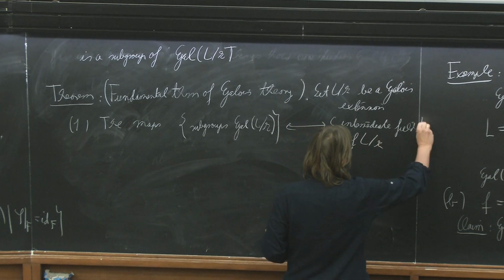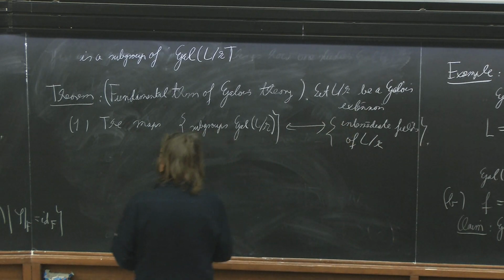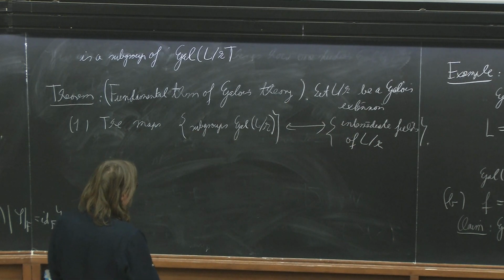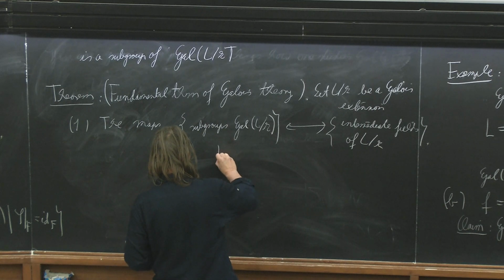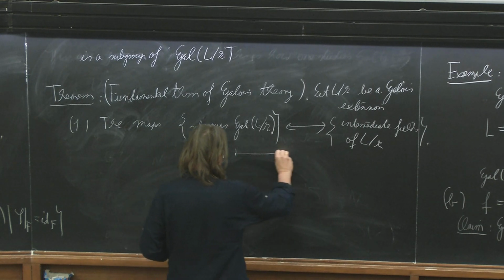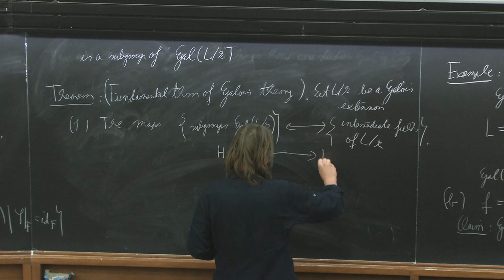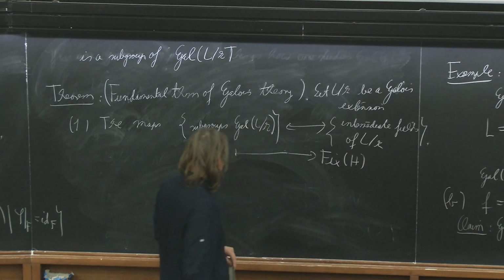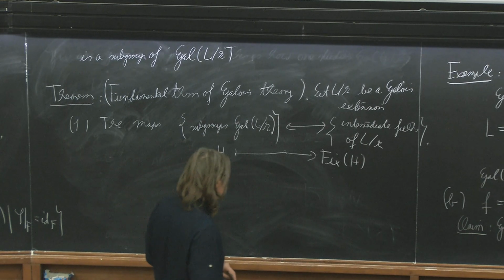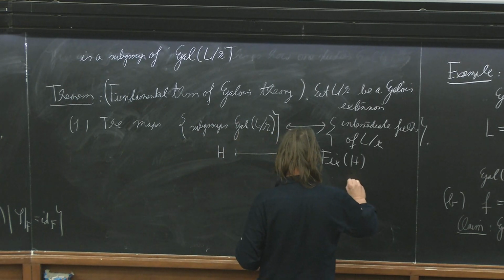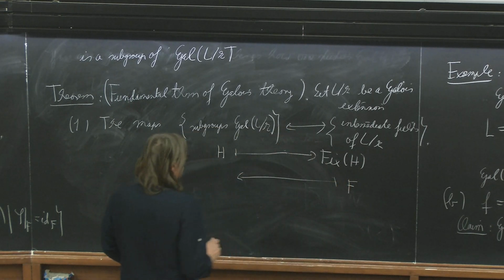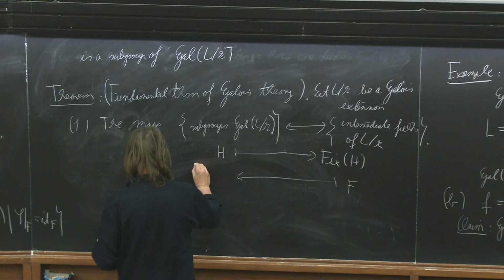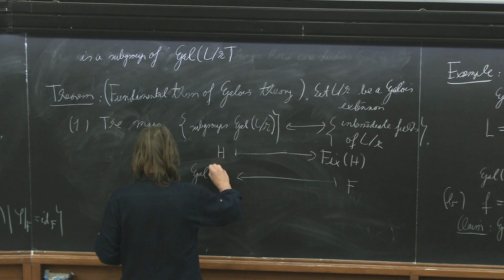So we have two maps. For one thing, to a subgroup, we can associate the fixed field. And to the intermediate field F, we can associate the Galois group of L over F.